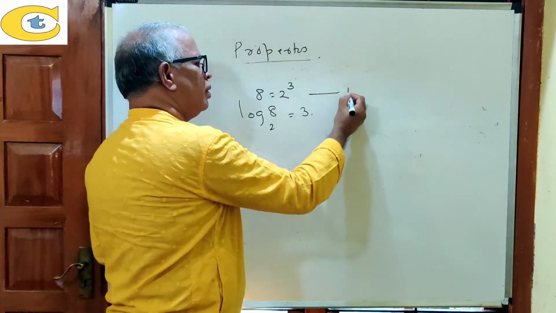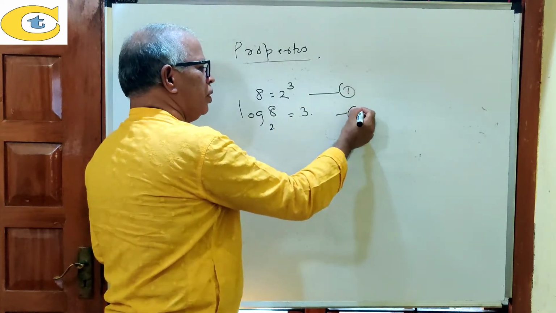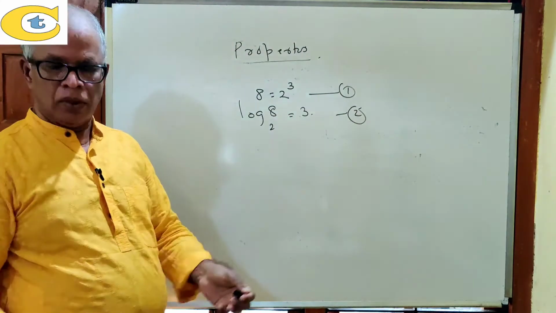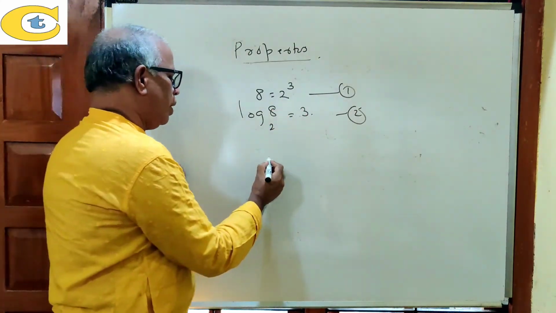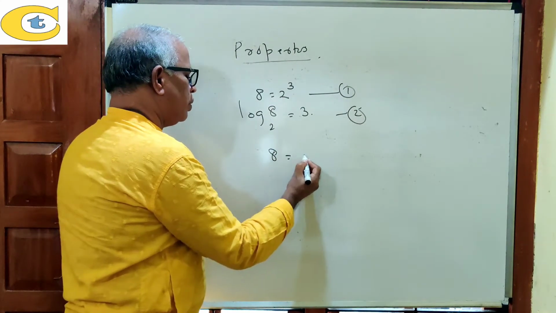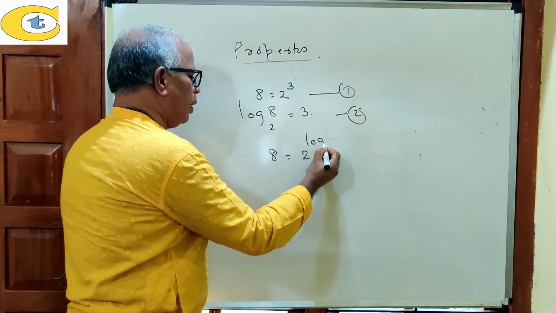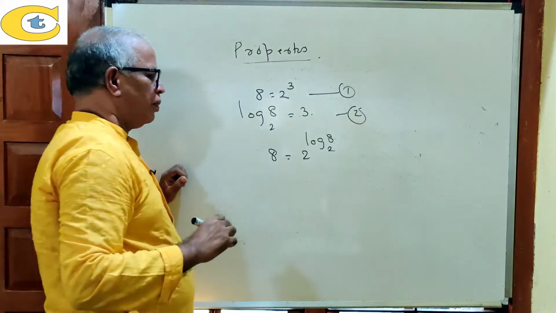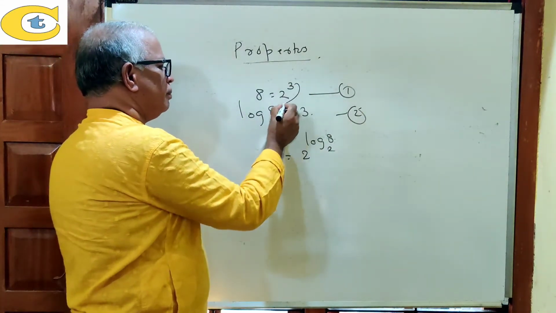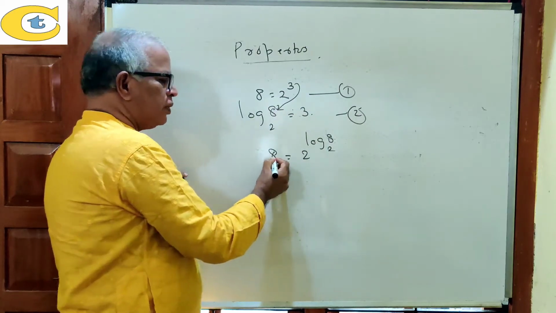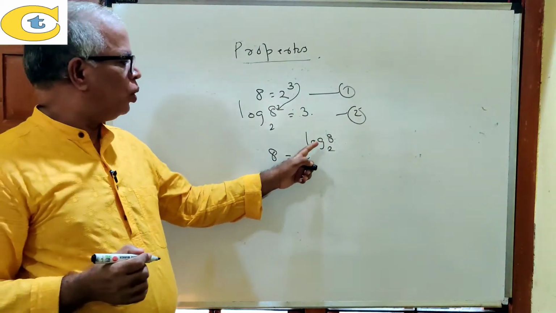Instead of 3, you put log 8 to the base 2 here. So 8 is equal to 2 raised to log 8 to the base 2. See what happened? Here we put this thing.